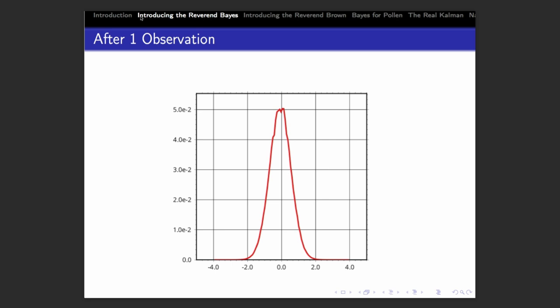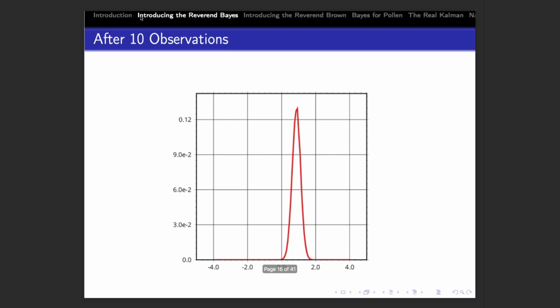But after 10 values, because don't forget, my secret value is 1, you'll get a load of values centered around 1. After 10, your guess has moved to being near 1, and you're much more certain now. You can see the spread has got very much narrower. So that is how you use Bayes' theorem to estimate a value.